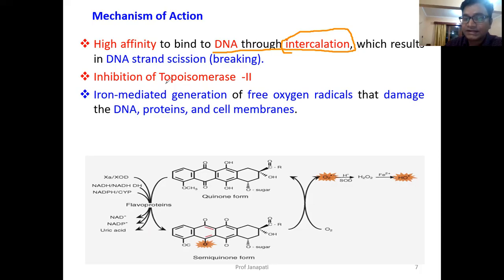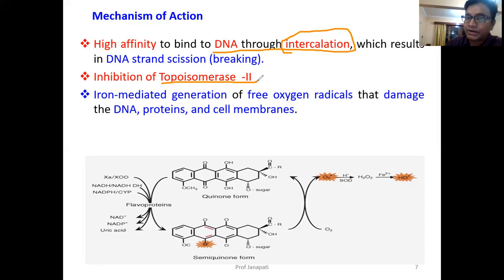And one more is that these drugs block topoisomerase 2. Topoisomerase 2 is an enzyme which helps in unwinding of the DNA molecule, or it prevents topological pressure during the process of unwinding. So when there is no unwinding, there is no formation of DNA molecule.